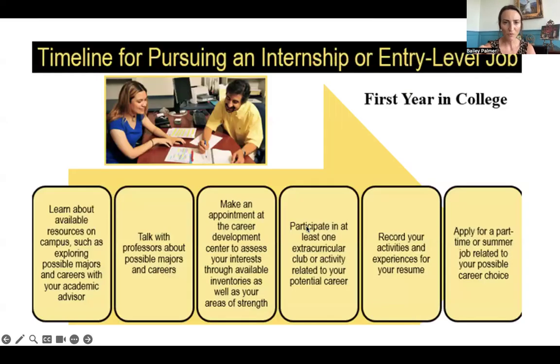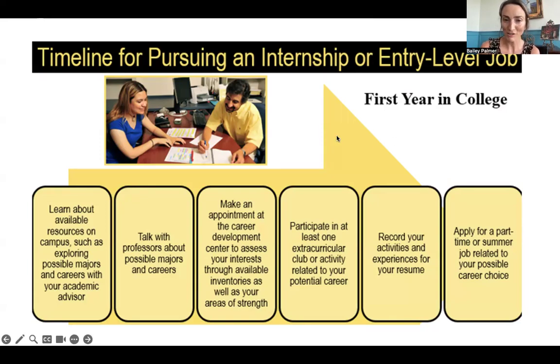Next, we're going to look at what you should be doing first, second, third, and fourth year in college. I'm just going to talk about the major points here, but you can pause these screens and read each of these little blocks at the bottom. So first is making sure that you know your resources available on campus, discussing your majors, your minors, your careers, and make sure you're talking with your academic advisor.